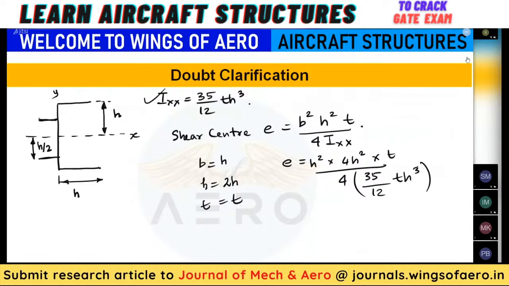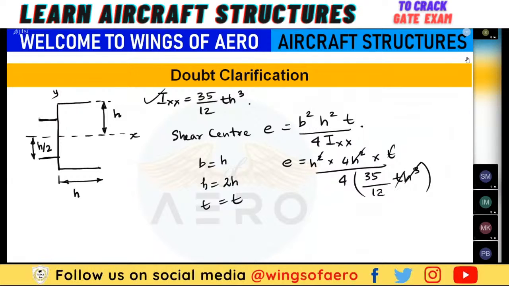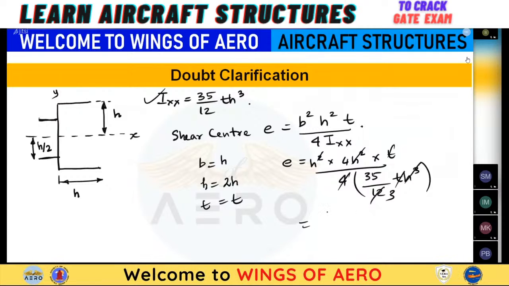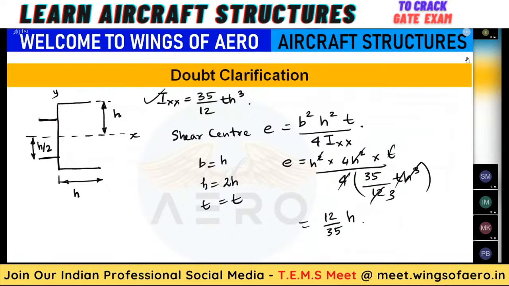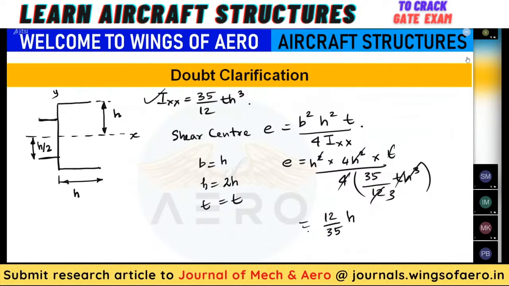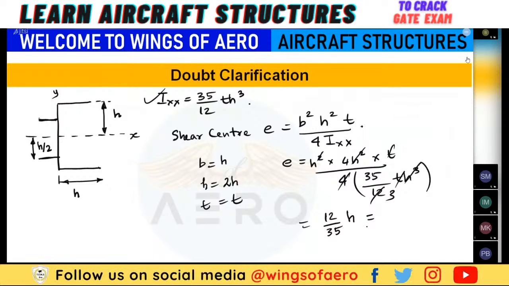Now cancel off the terms. This t you just get cancelled off, and the 3. So what you get finally? 12 by 35 h. You get something like that. Now please tell me what is this value when you solve this?